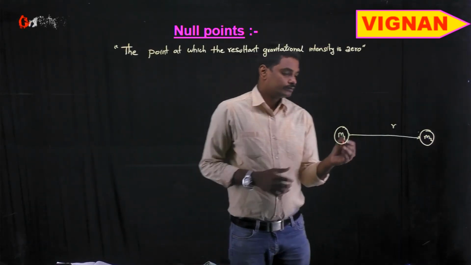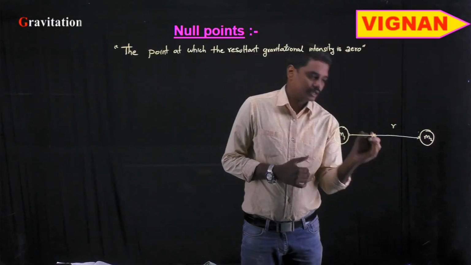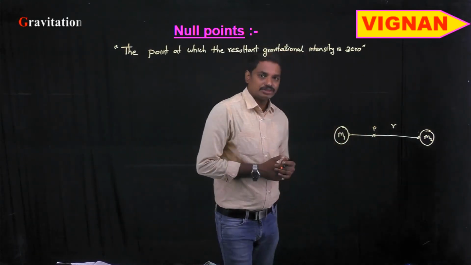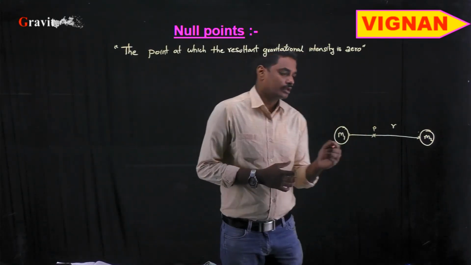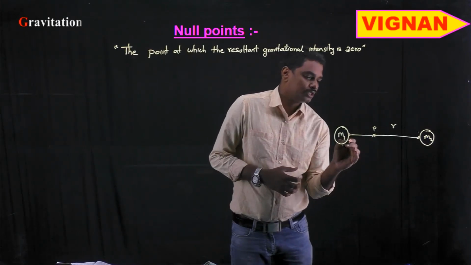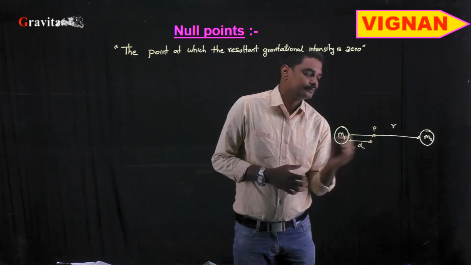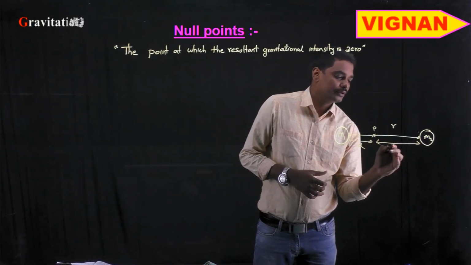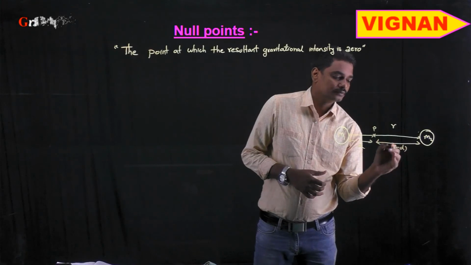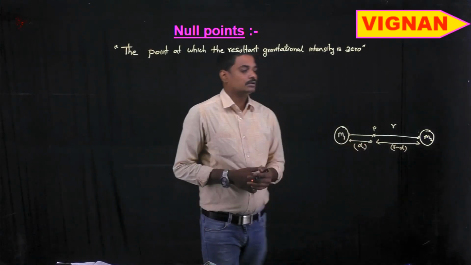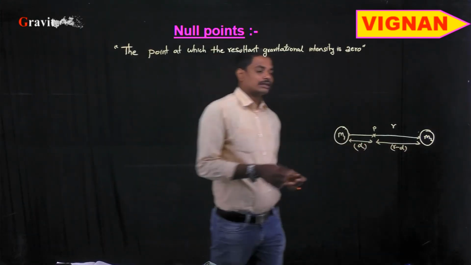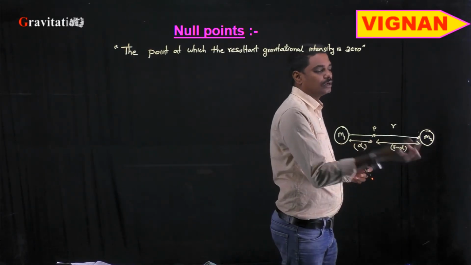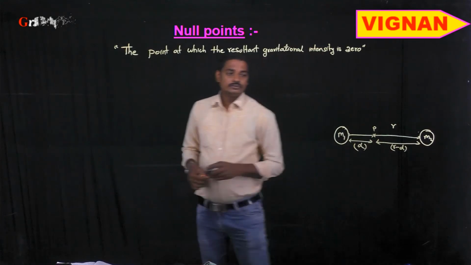Now let us suppose at a point P the resultant gravitational intensity is 0. Let it be at distance d from the mass m1. So here it will be r minus d from m2. At the point P, the gravitational field intensity due to mass 1 should be equal to that due to mass 2.